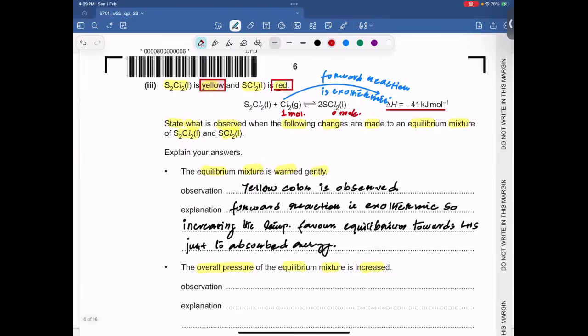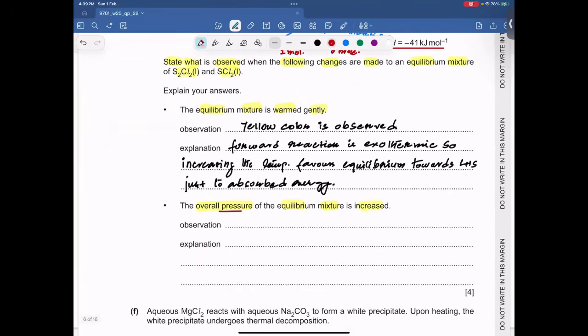So if we increase the pressure, equilibrium favors that direction where we can have fewer moles. Overall pressure of the equilibrium mixture is increased.